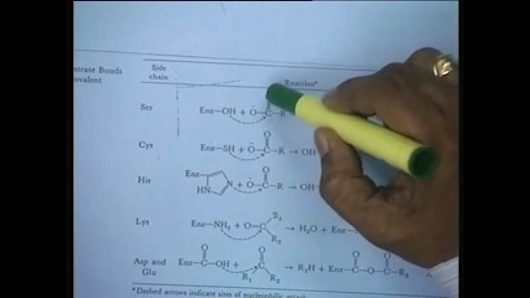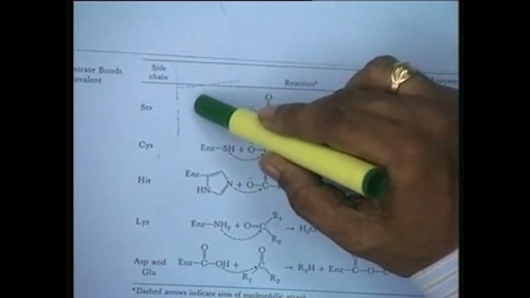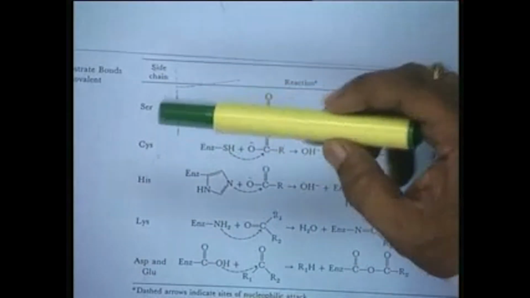But on the carboxylic group, this serine functional group of the side chain on the active site can attack. Similarly, in the case of cysteine, the type of bond formed is a thioester. In the case of histidine, an acylimidazole bond is formed, lysine forms a Schiff's base, and aspartic and glutamic acid also form anhydride bonds, and these anhydride bonds can then be attacked by the second substrate.